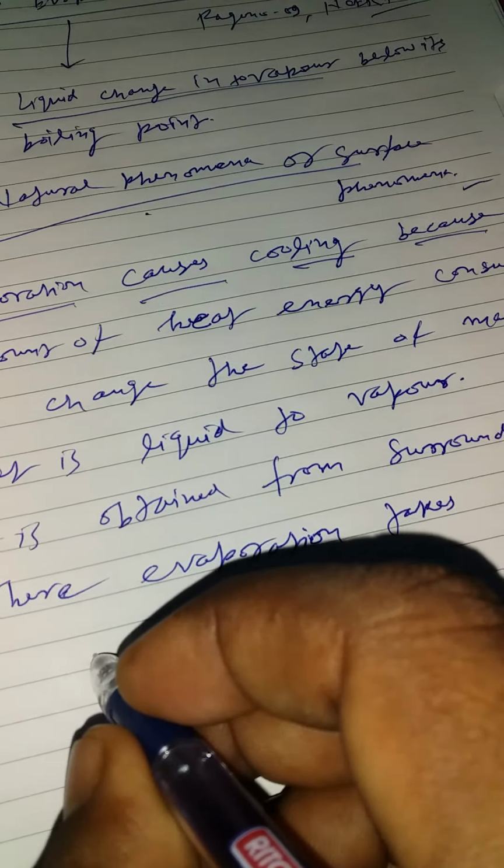Here latent heat, that is hidden heat. We use the term latent heat because the amount of heat energy required to change the state of matter is hidden and obtained from the surroundings, but it takes place at a natural temperature.